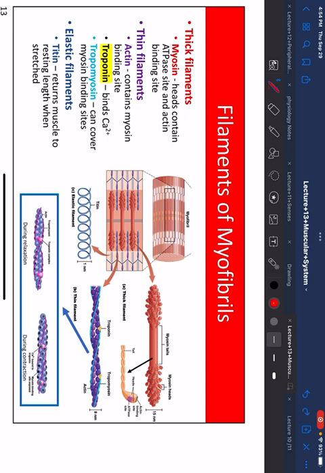And if we pull it out, we can see the many thick filaments here. And what makes up the thick filaments are myosin motor proteins. So these proteins are derived from DNA, and they're motor proteins because they help with movement.